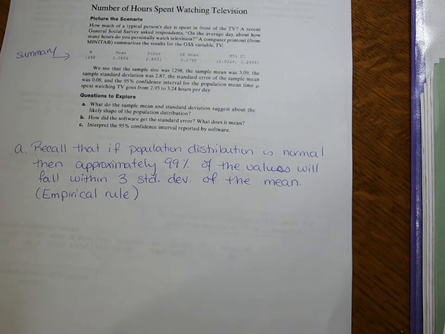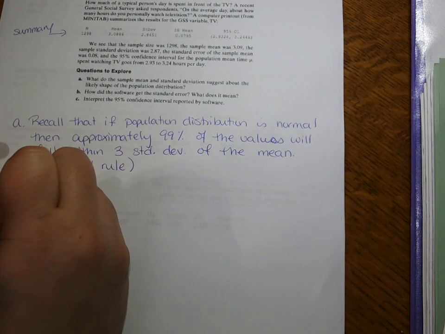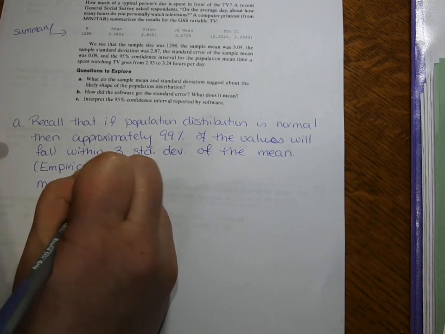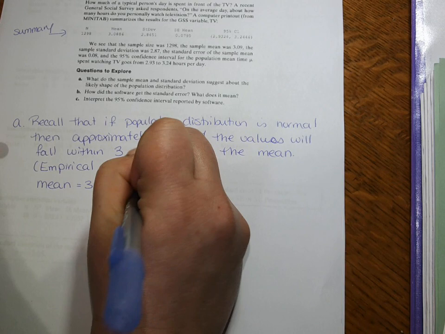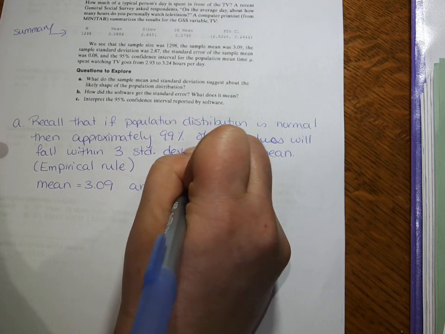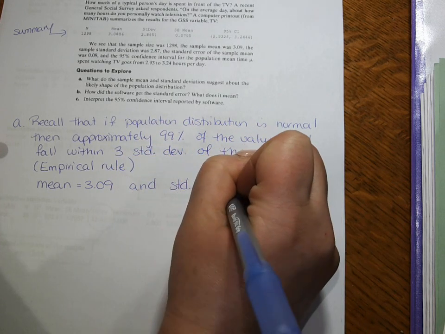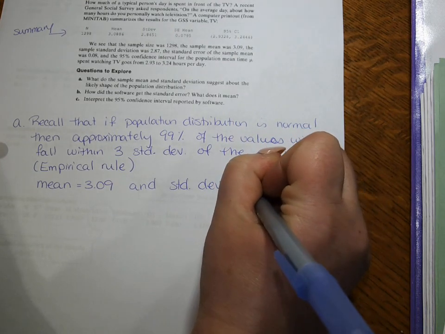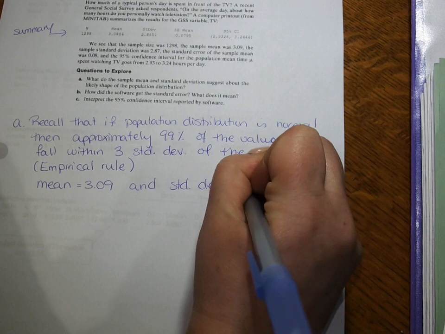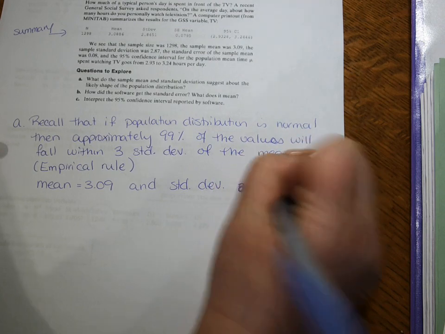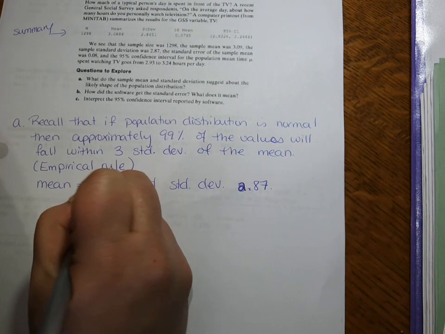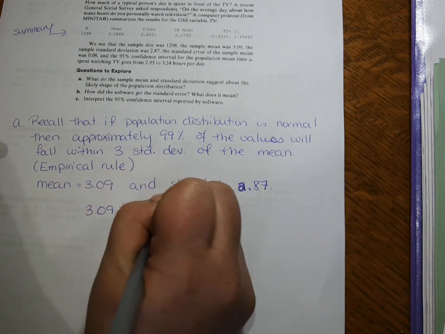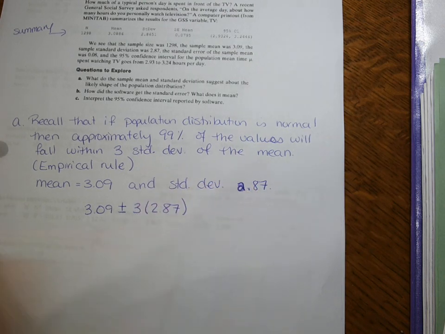Okay, so let's see what this would suggest. So our mean, using our computer output, is equal to 3.09, and the standard deviation is equal to 2.87. So let's look at the mean plus or minus 3 times the standard deviation.